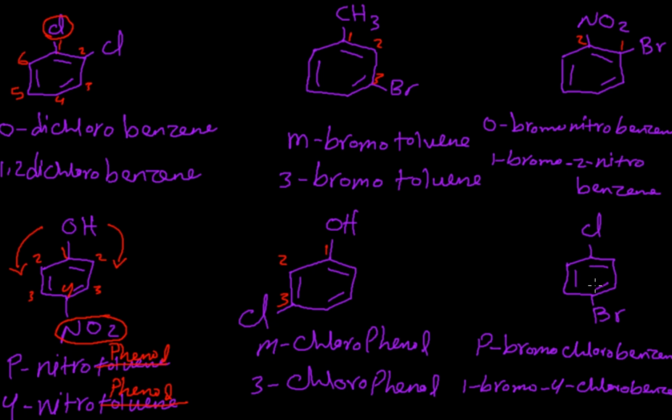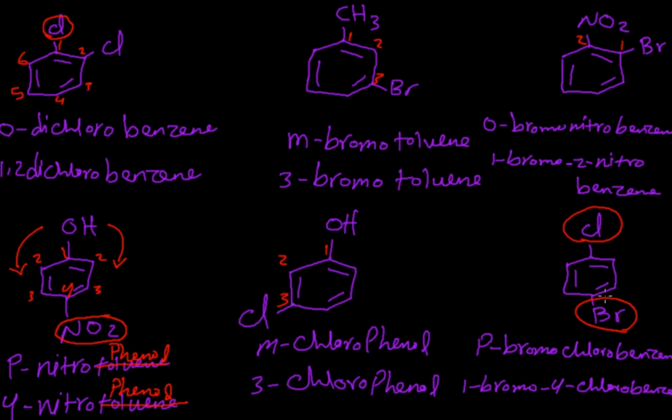Then we move on to the last example here. You have two ways. You can start numbering from the carbon atom carrying the chlorine atom, or you can start from the carbon atom bearing this bromine atom. So which one will you prefer? Your parent here is benzene, and the halogen atoms are just substituents.